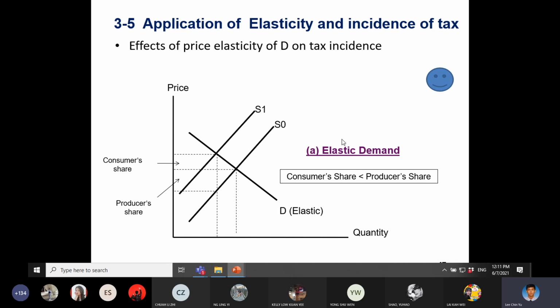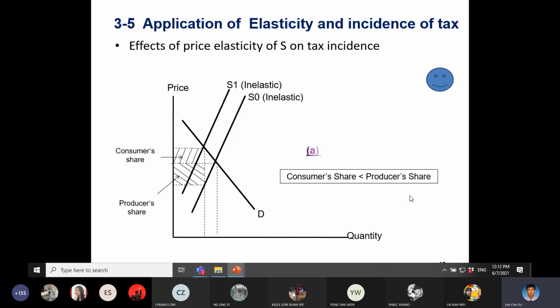If you draw demand and supply with a normal slope, not too steep or too flat, then you get the situation where consumer and producer share the same amount of the tax.